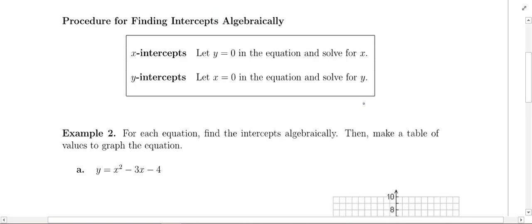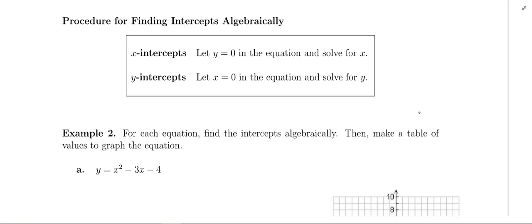At the top of page 3, here is the procedure for finding intercepts algebraically. If you want to find an x-intercept, you're going to set the y value equal to 0 in the equation and solve for x. Again, that is because every x-intercept has a y-coordinate of 0. To find the y-intercepts algebraically, you're going to take your equation, set x equal to 0, and then solve for y.